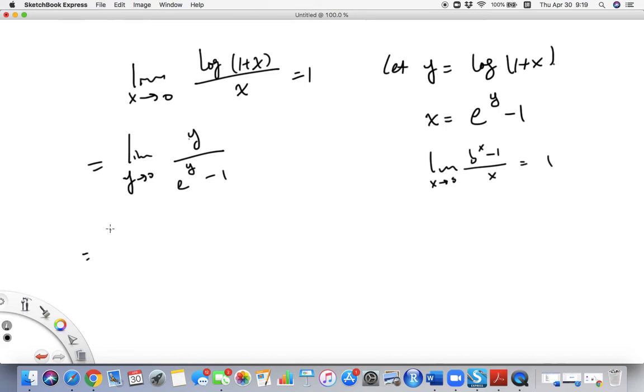So it's equal to the limit as y goes to 0 of 1 over (e to the y minus 1) over y, right?